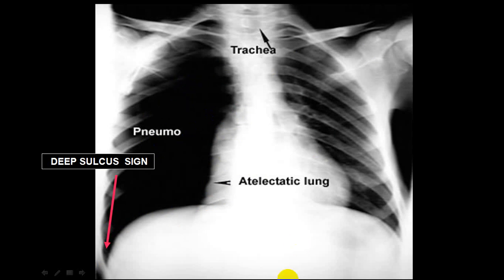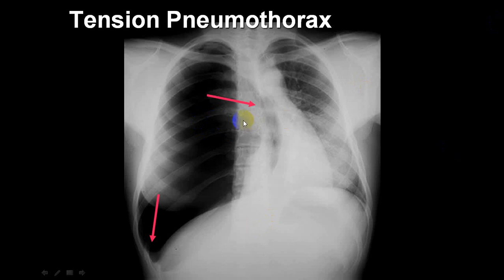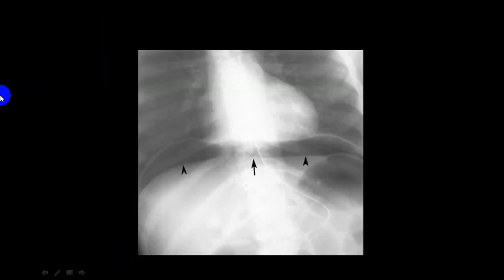That's why there is a shift of mediastinum and shift of trachea. You can see there is a gross shift of mediastinum. This will happen in a tension pneumothorax, and you can see the amount of deep sulcus sign. And see this is a breast border. Clear? Tension pneumothorax.